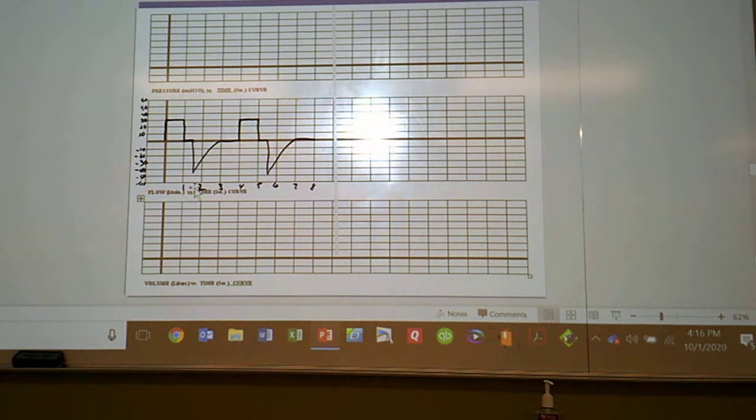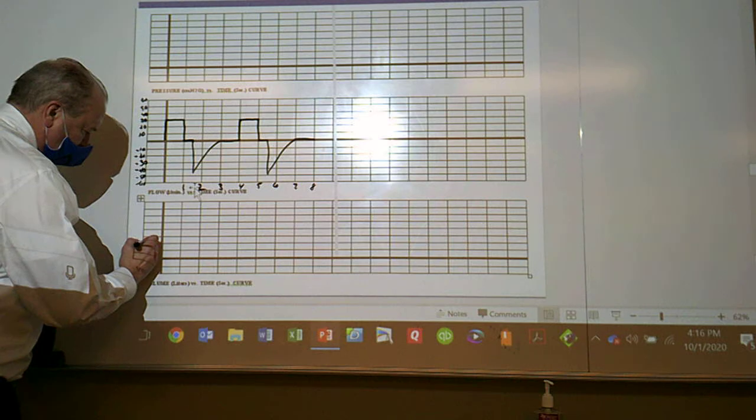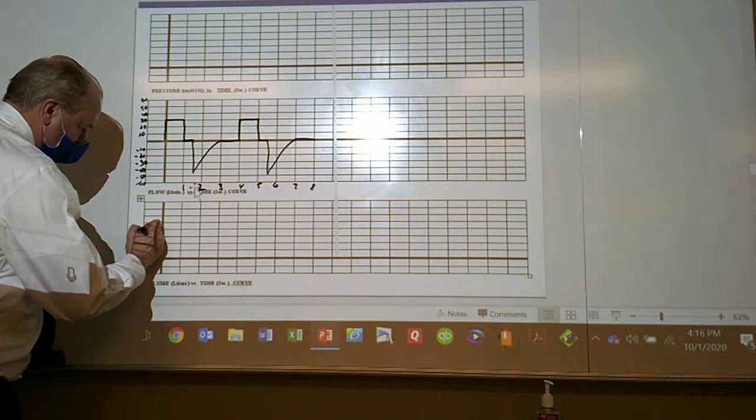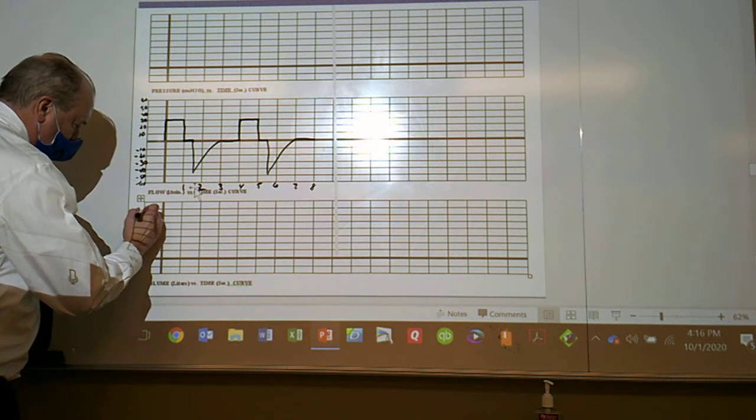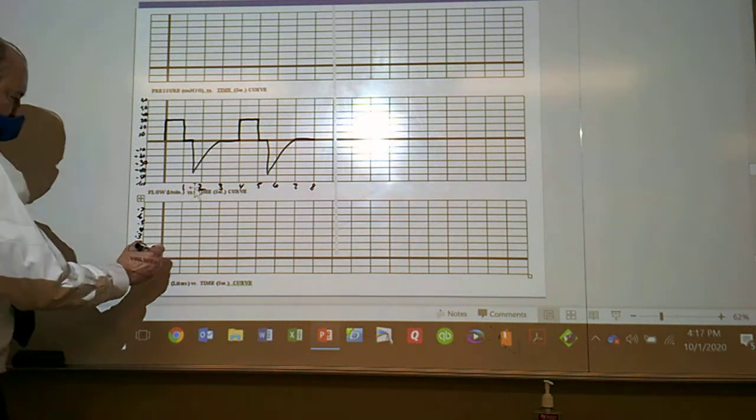So if there was auto peak, we wouldn't go right back to baseline, we'd have that little bit. Correct. My tidal volume is 500.